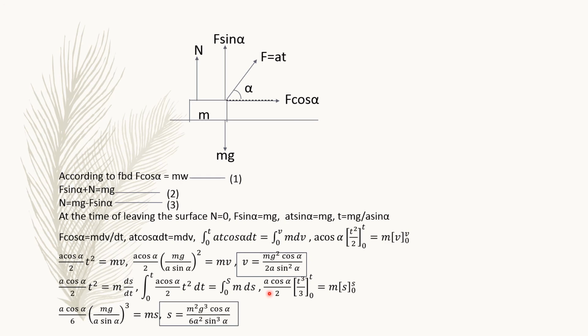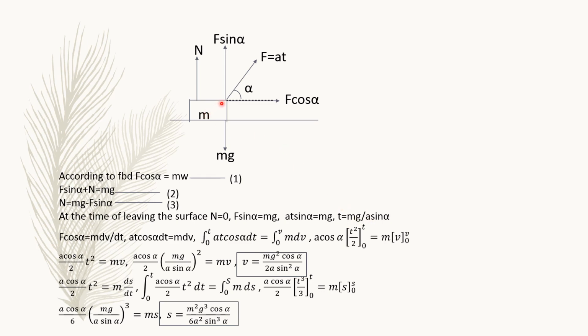By solving this, we get a cos alpha divided by 2 into t cube divided by 3 is equal to m into s. So 3 into 2 is equal to 6: a cos alpha divided by 6 into t cube. The t value is mg divided by a sin alpha, the time in which this bar of mass m will leave the surface.